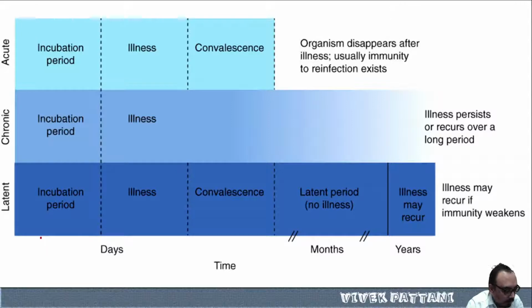And in the case of a latent infection, there is an incubation period, prodromal period, illness, and convalescence. But the pathogen still remains in the host in an inactive state, and this state is called the latent period.